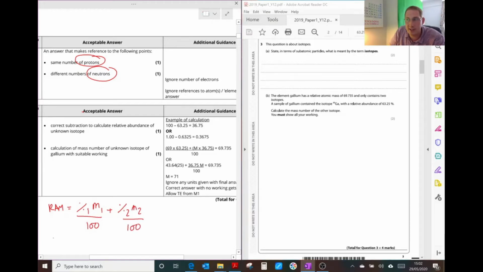Here you're given the relative atomic mass, which is 69.735. You know the percentage of isotope 1, which is 63.25%. And the mass of isotope 1 is 69.